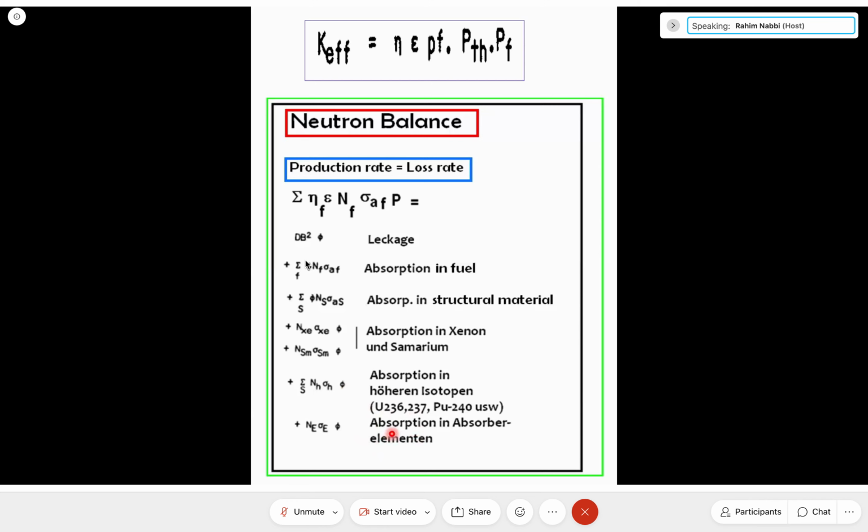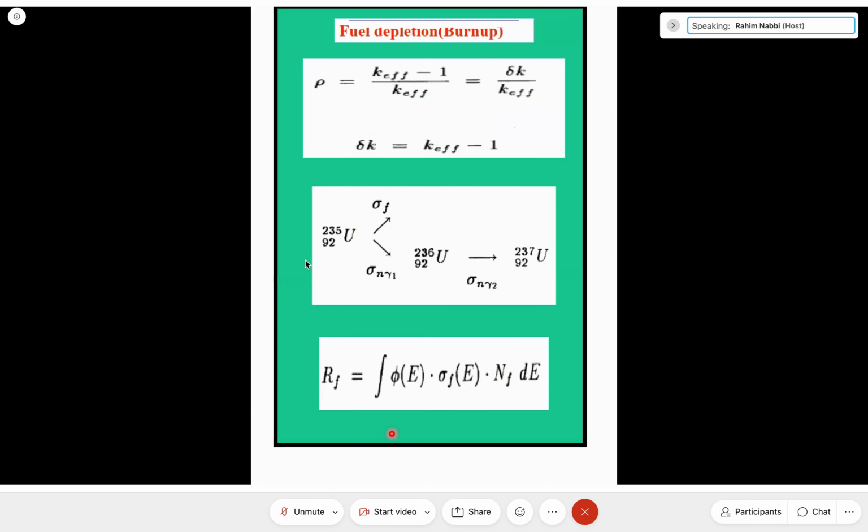We have to know exactly what the composition and concentration of the individual ones is. So this change in multiplication factor, you remember?